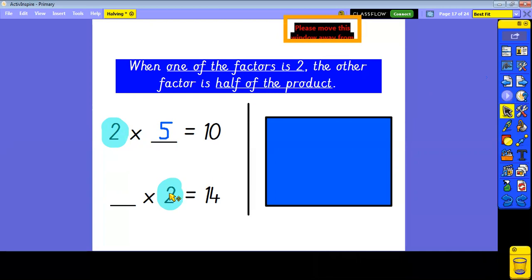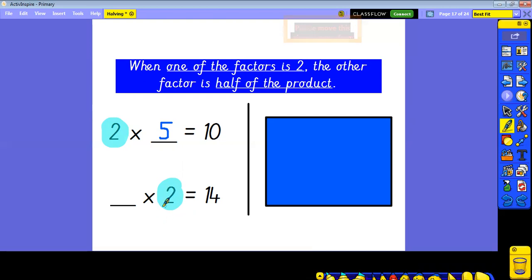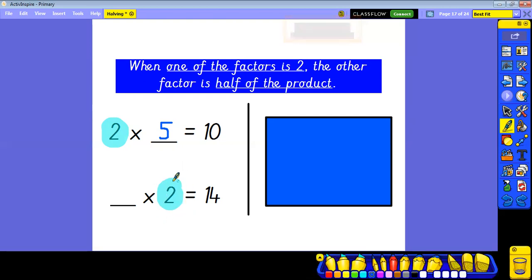And here again, well, I know that this other factor, which we don't know at the moment, is half of the product. Now my product is 14, so what I need to do is work out what half of 14 is. Now I know that one of my factors is 2, so I can count in my 2's until I reach my mystery number of groups.